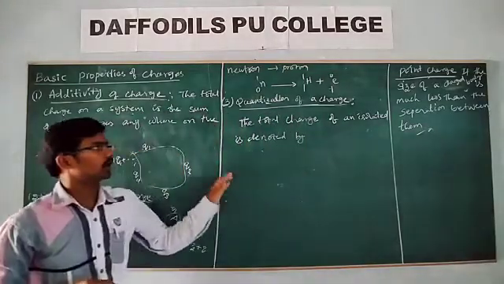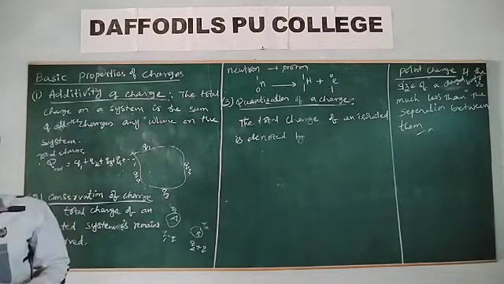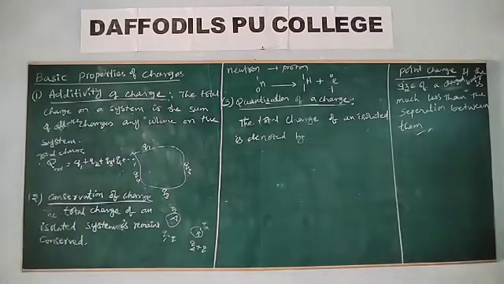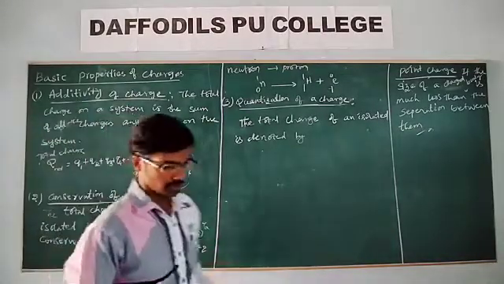Let me take here, in a classroom 10 members are there. When you have 10 members and 2 more students are added, then what would be the number of students? 12 students. Like that, total charge is added.